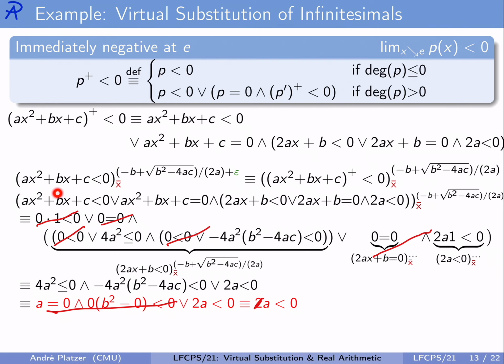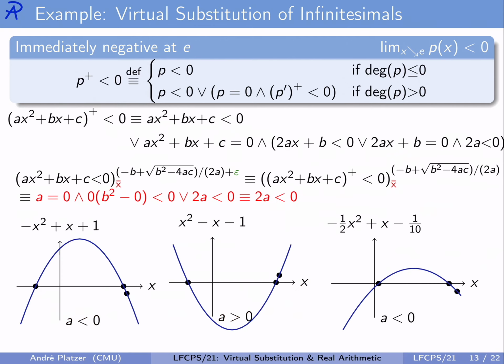because a quadratic polynomial just right of its root will be less than 0 whenever the leading coefficient is negative, because then it will be negative. So let's write down the cases. This is a concrete case, minus x squared plus x plus 1, where a is less than 0, where it's minus 1, right?